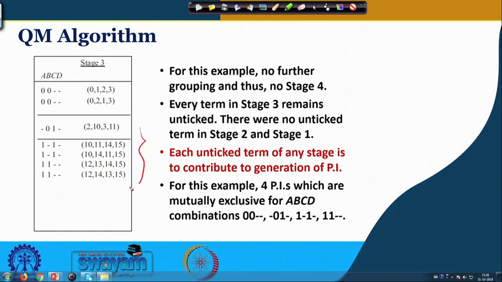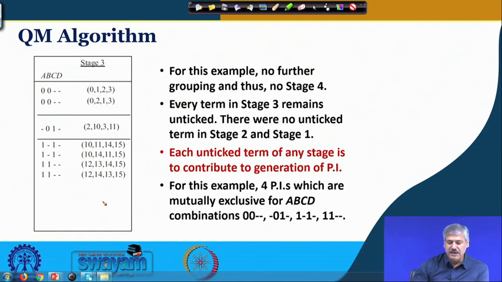Similarly, if you look at 2 10 3 11 and 10 11 14 15, whether they can be combined, just for example, A position is different, B position is different, C and D are same. Because of two positions differing, again they cannot be further combined. So, we can examine each one of them and see that none of these can go to the next level, because of which there is no stage 4 and also none of these members over here is ticked.